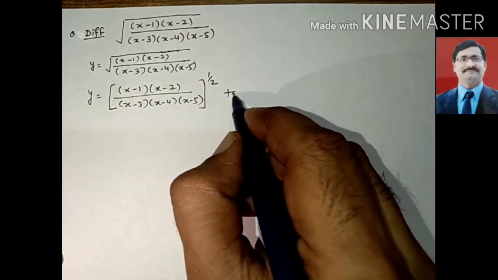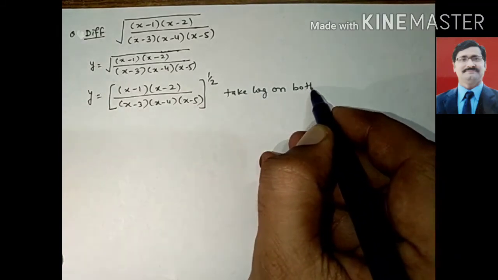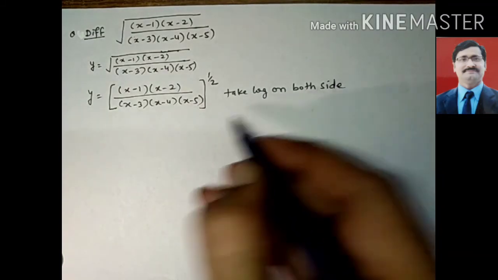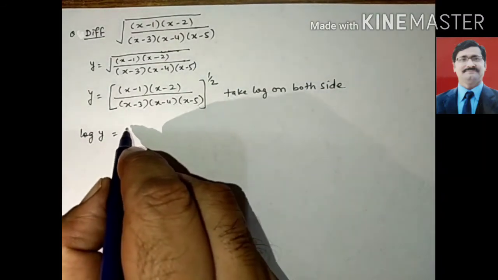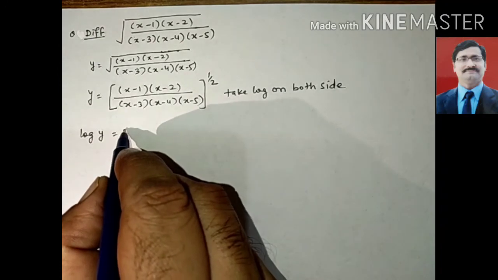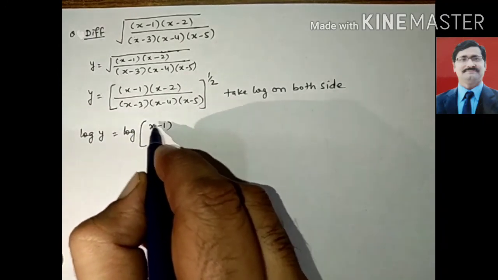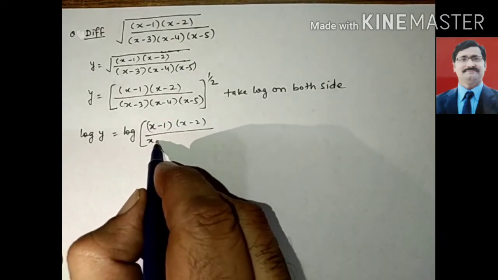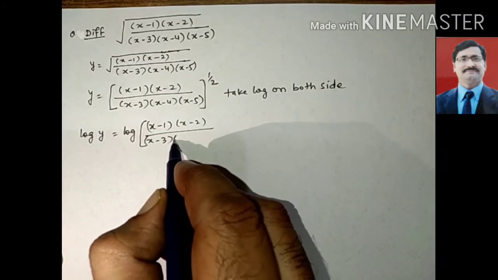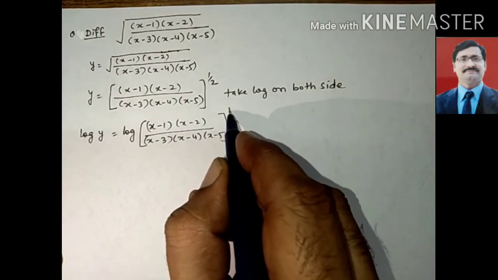Now we take log on both sides. Look here what we get. Log y equal to log of x minus 1, x minus 2 upon x minus 3, x minus 4, x minus 5, whole power 1 upon 2.